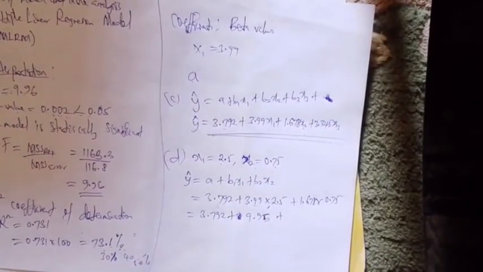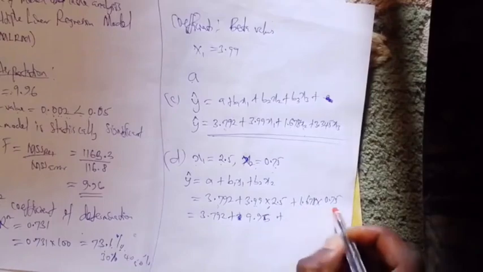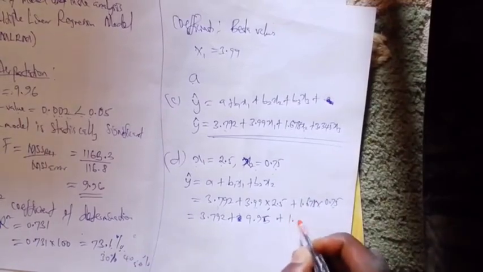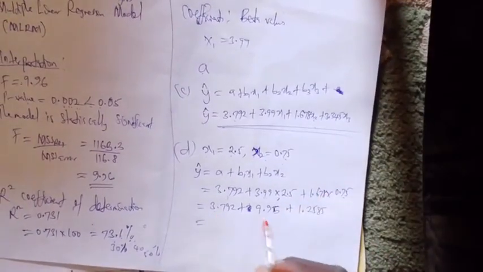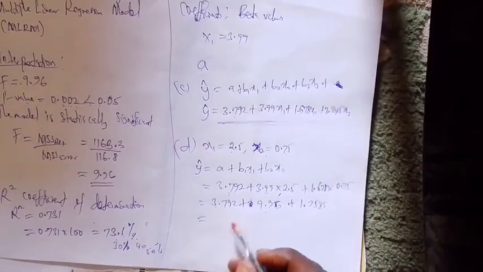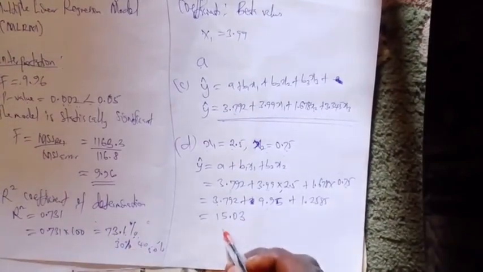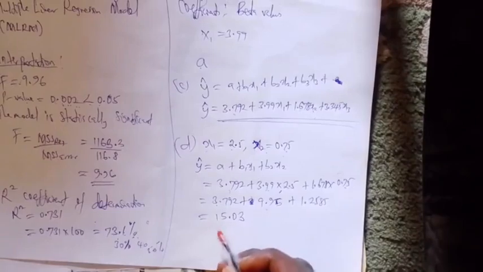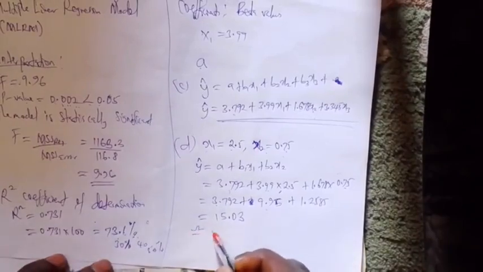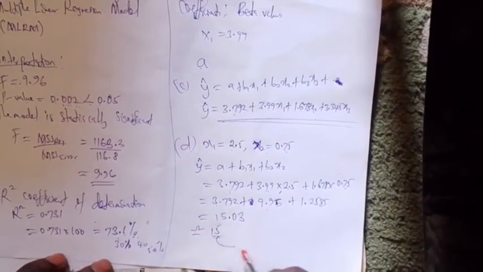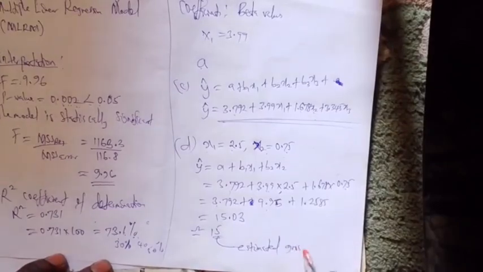Plus, next is 1.678 times 0.75, which is 1.2585. And if you sum these, you get 15.03. So this is approximately 15. So this is our estimated gross earnings.